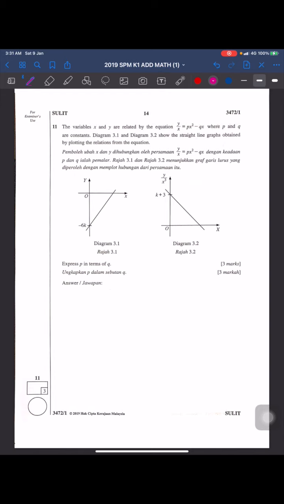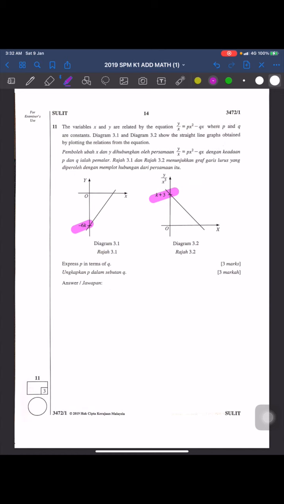Express p in term of q. Okay, so di sini kita ada dua diagram. So the first diagram, kita ada intercept kita sini negative 6k. Second diagram, kita ada intercept kita k plus 3. Saya rasa dia mesti ada kaitan intercept dua ni.